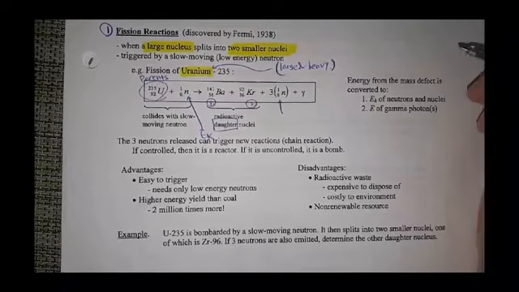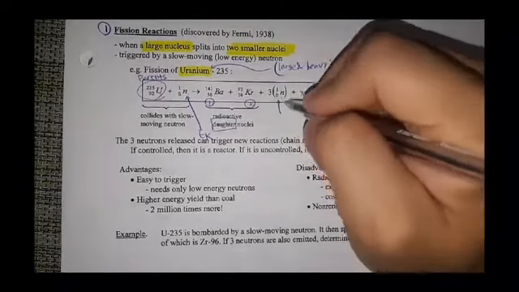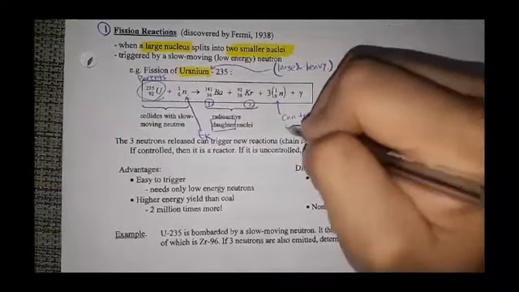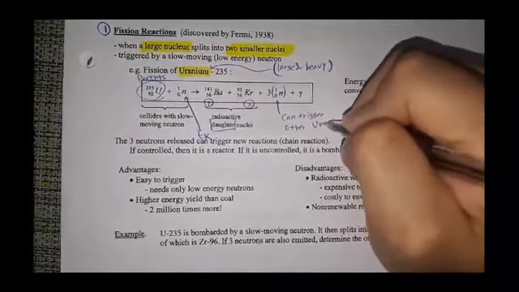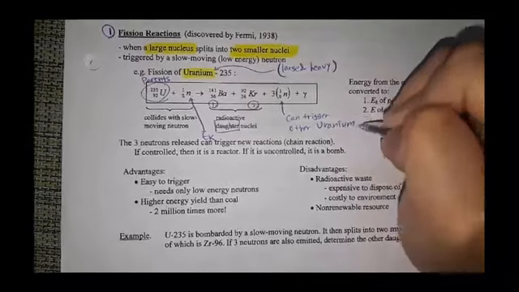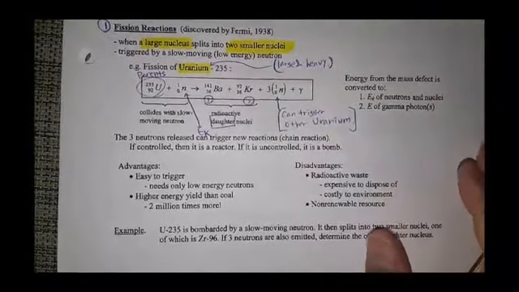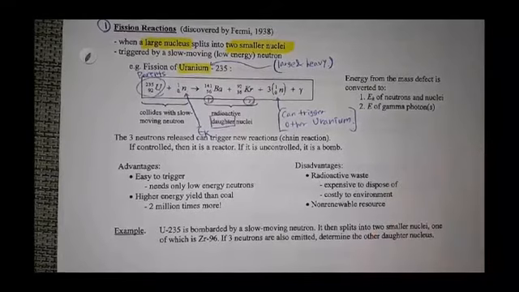The scary thing about these neutrons is they can trigger other uranium. So when it comes to the atomic bomb that was dropped on Hiroshima, it actually had 2 unstable uranium, and that's about it.